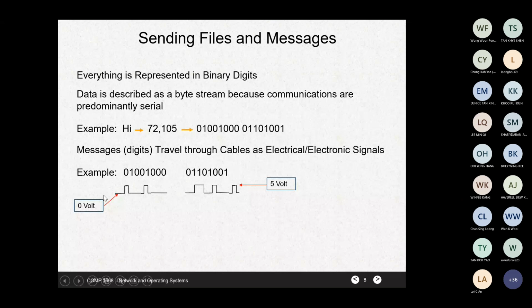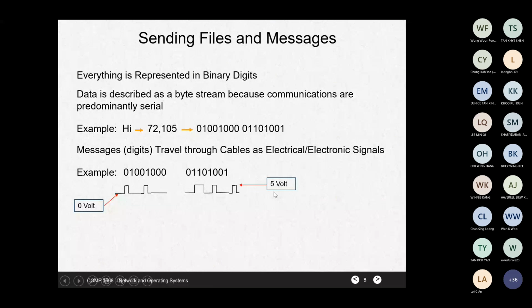As you can see in the example, if you have 0, 1, 0, 0, 1, 0, 0, 0, it will be converted into an electrical signal. Wherever there is a 1, there will be a pulse. Wherever there is a 0, no pulse. This is how the computer system will understand: there is a current or there is no current.